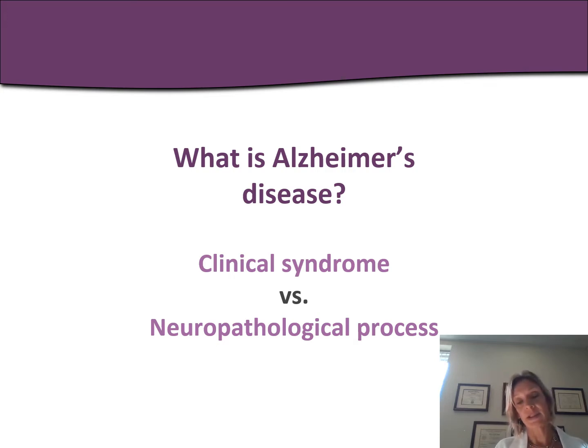Through this presentation, I will try to define both the clinical syndrome and the neuropathological process and describe how this information has impacted our approach to finding a cure and better medications for Alzheimer's disease.